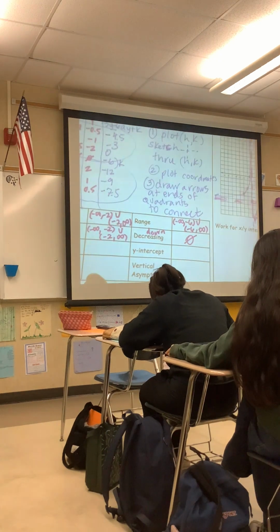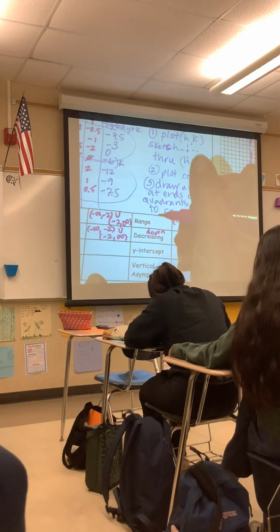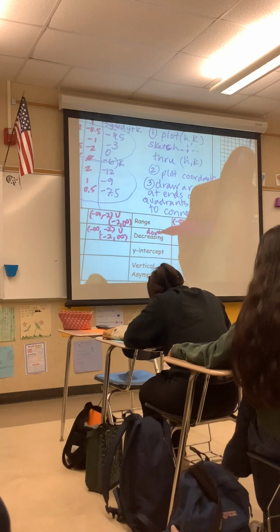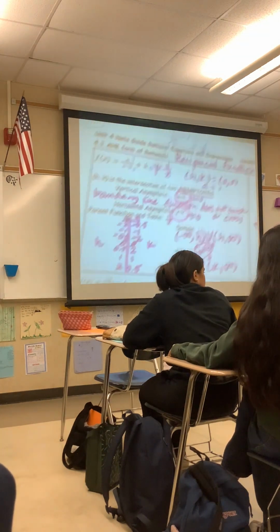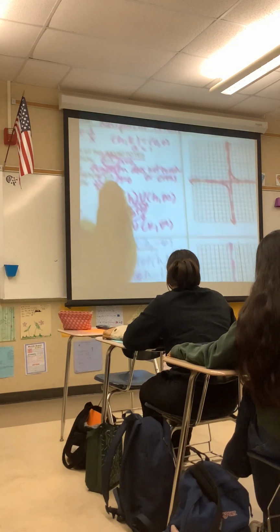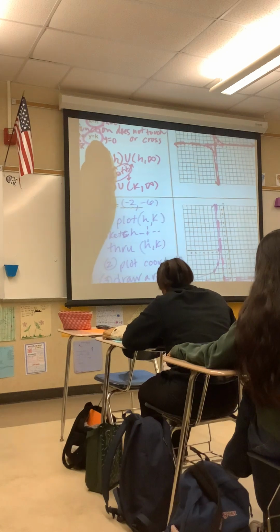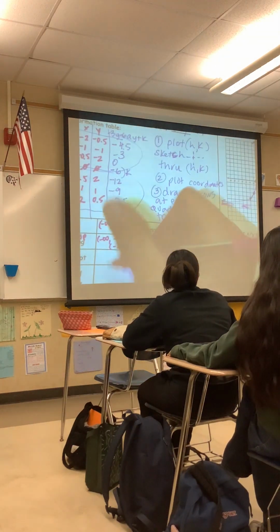So, Anthony, what did you write in for the horizontal asymptote? Well, up here, the horizontal asymptote is defined as Y equals K. It's where the horizontal boundary line is that we drew. And we have it at what?